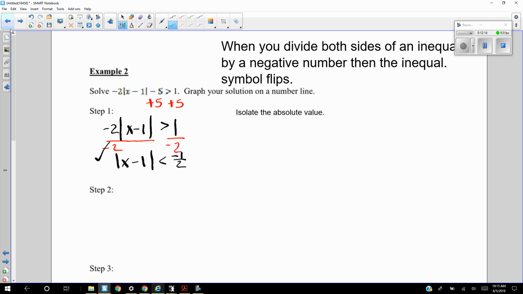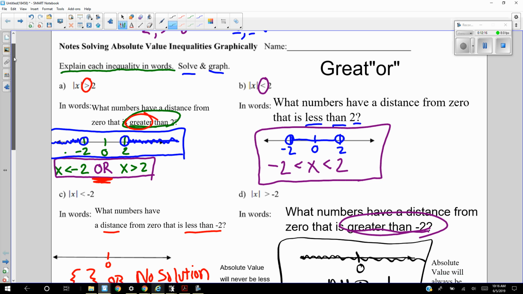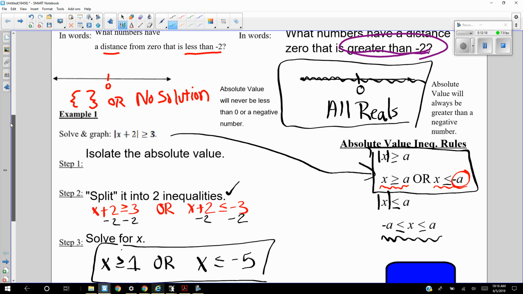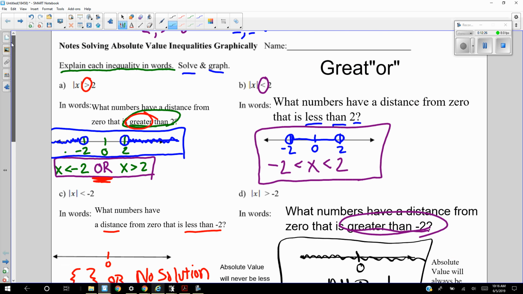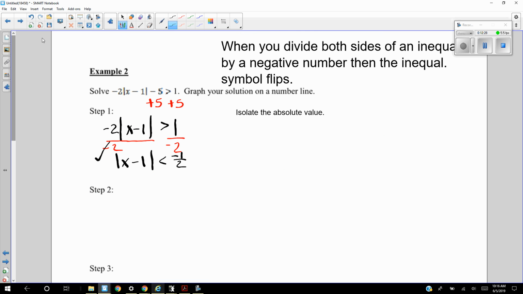and look at your rules for less than. That's normally how you would set up the problem. You would write it in between the a value and the negative a value, which in this case is already a negative number. So think back: now that the absolute value is isolated, can distance be less than a negative number?